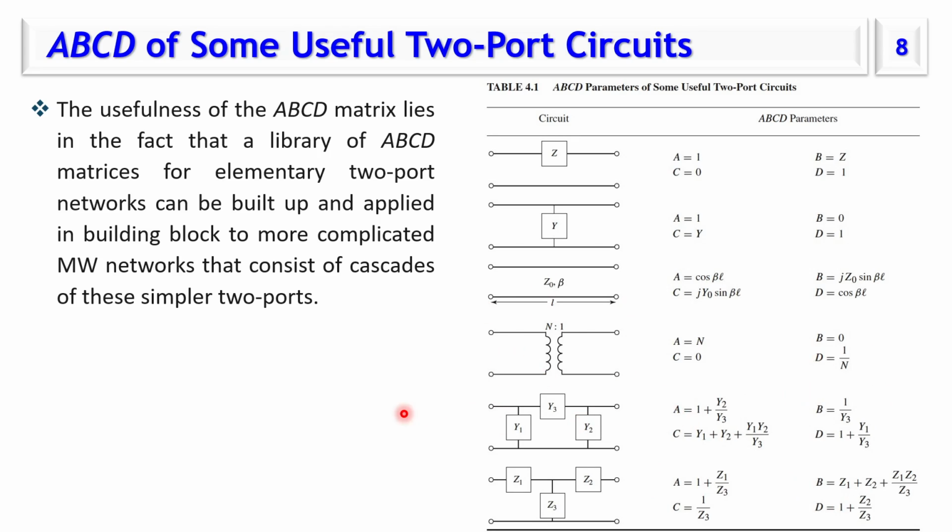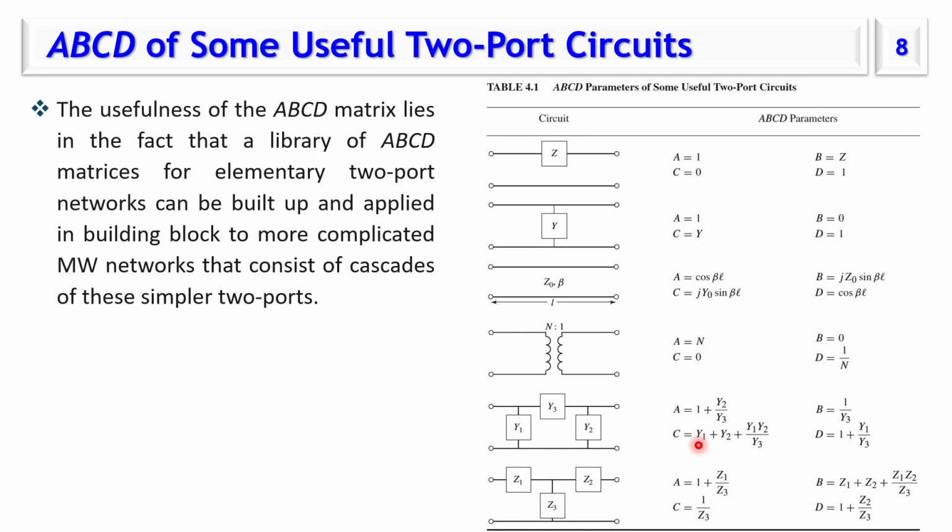It's very common to find in textbooks the ABCD matrix of common or popular circuits, like just a series element, a shunt element, a section of a transmission line, a transformer, a pi network, a T network, and so on.